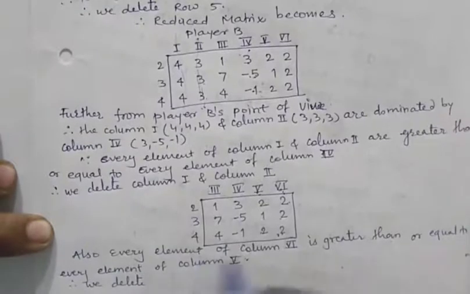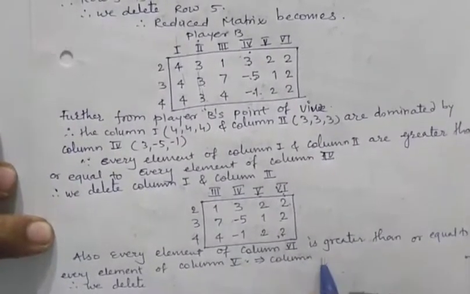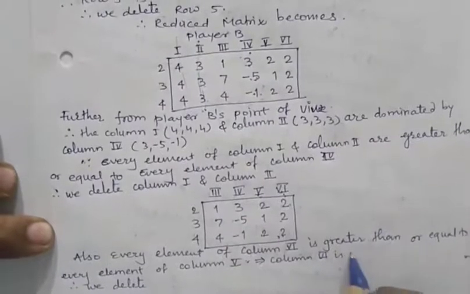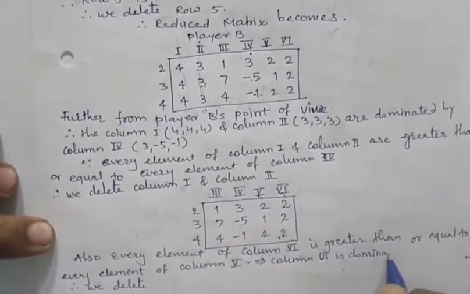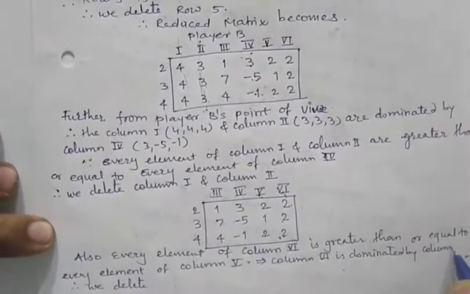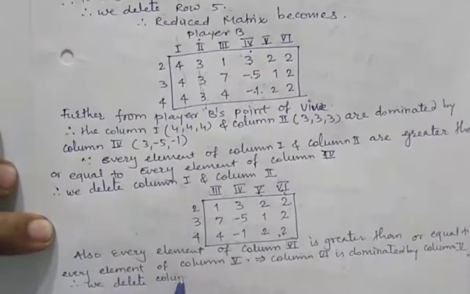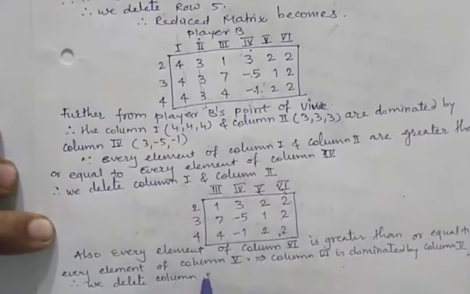So what we say here is that column 6 is dominated by column 5, right? Therefore we delete column 6.